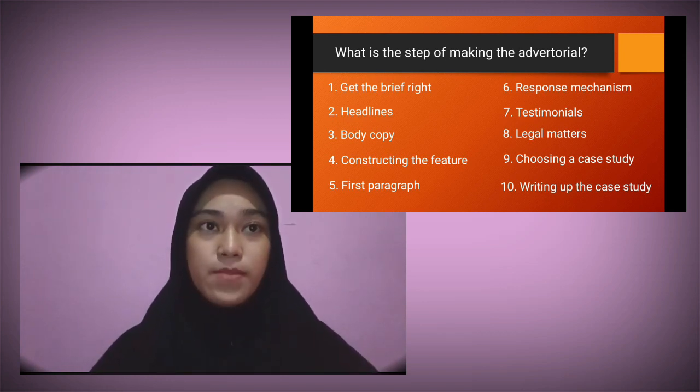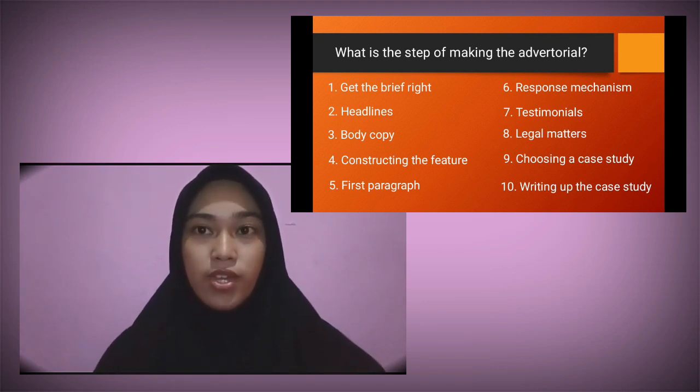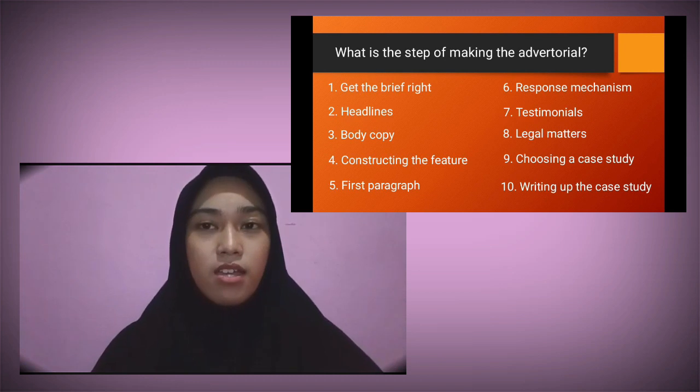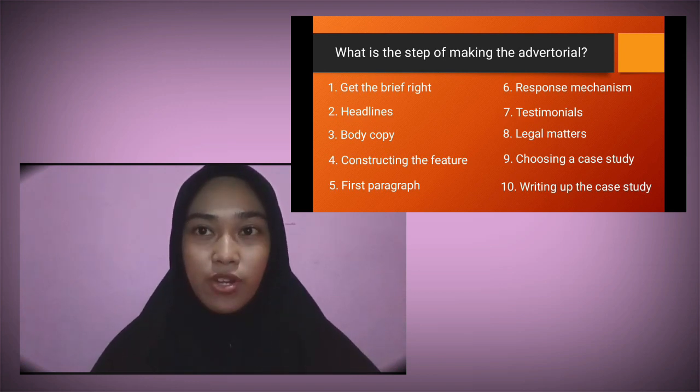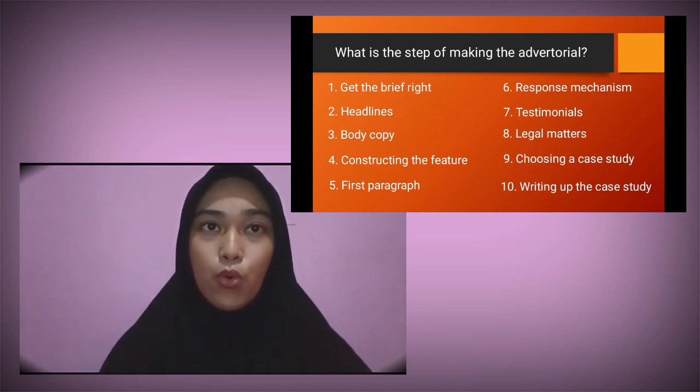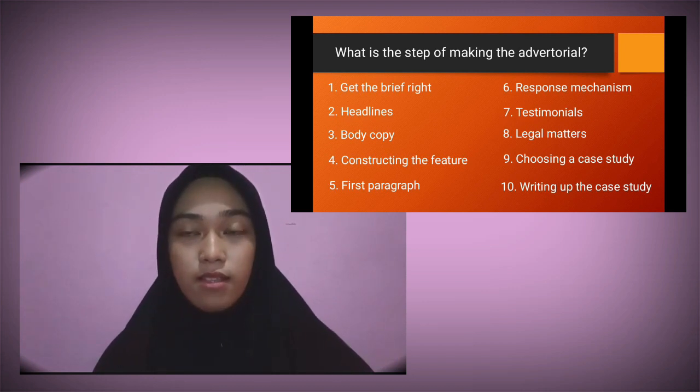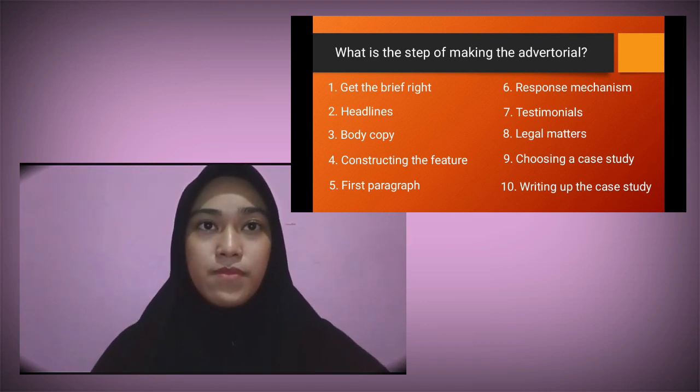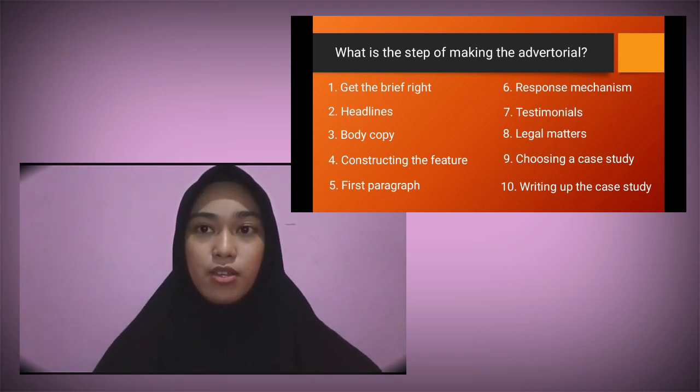And the third is body copy. Body copy is about looking at the chosen media, whether it uses long or short sentences. And next, the fourth is constructing the feature.